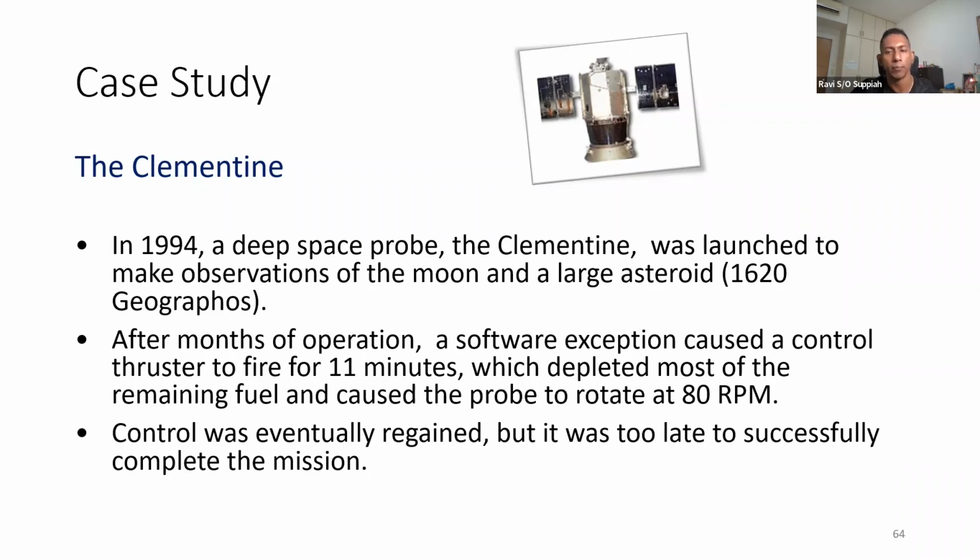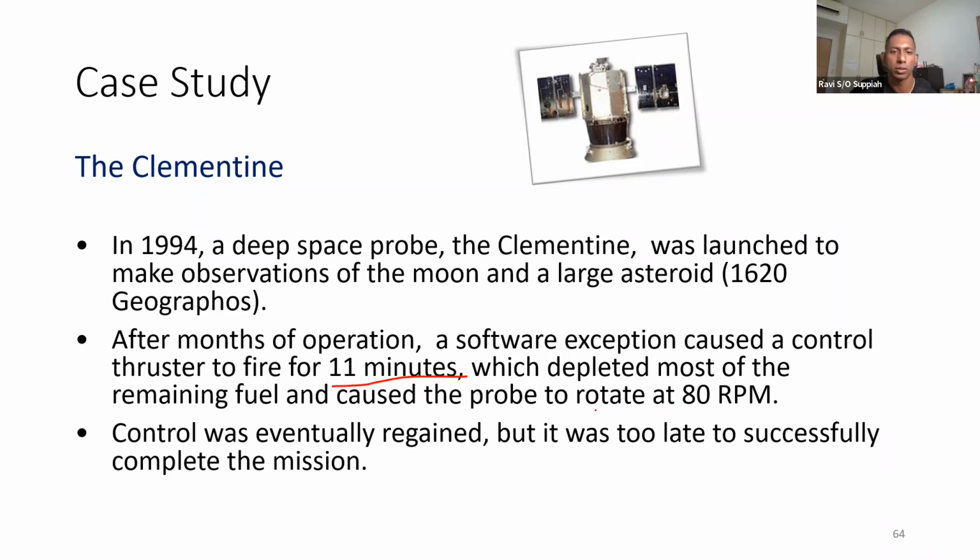So in this case study, this space probe was supposed to be doing a lot of experiments and collecting soil samples and things like that. What happened was a software exception occurred, causing the thruster to fire for 11 minutes straight, and it depleted most of the fuel.